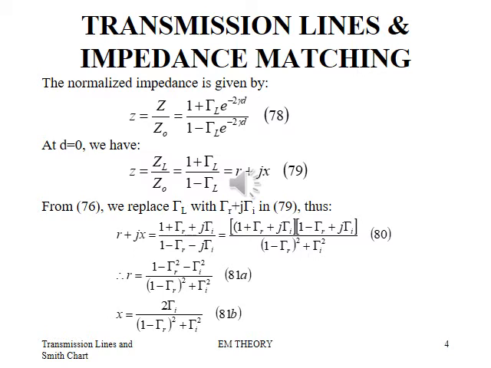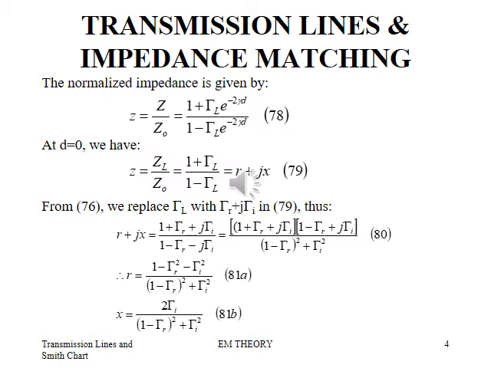Now, from equation 76, we replace Γ_L with Γ_r + jΓ_I, as shown in equation 79. Thus, we have our equation 80, and therefore now we bring together the real part and the imaginary part.